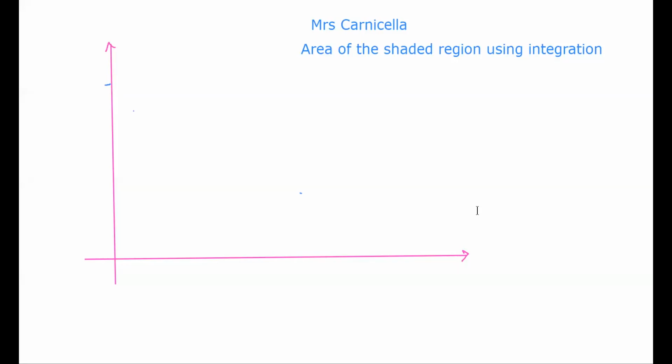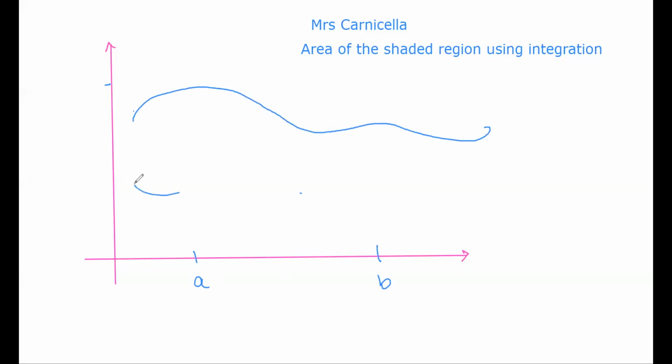How to find the area of a shaded region. If you have two or more functions, you can have a region that's bound by them. Let's say I have my points on the x-axis from A to B, and I have this function that looks something like that.